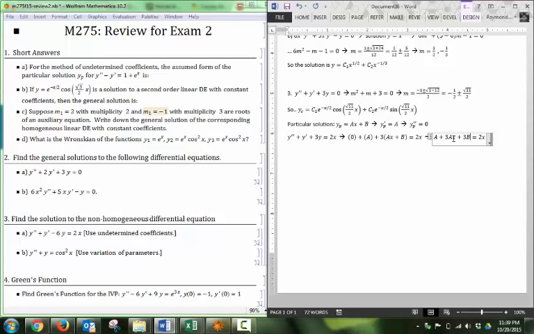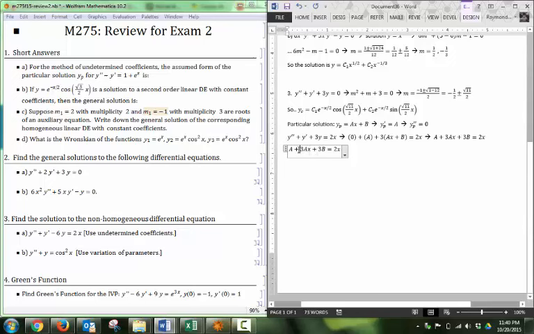And so what we're going to do is gather the like terms so that we can set some of these equations equal to each other. So what are the like terms we're going to gather? It looks like it's going to be 3a with the x and a plus 3b for the constant term.